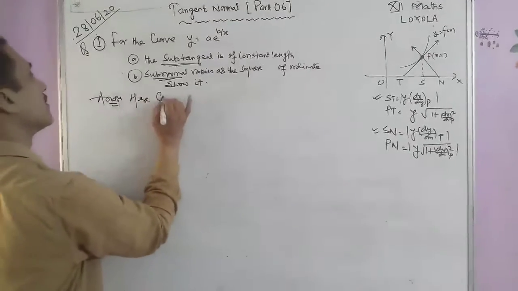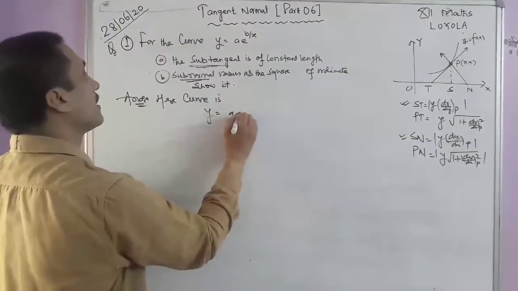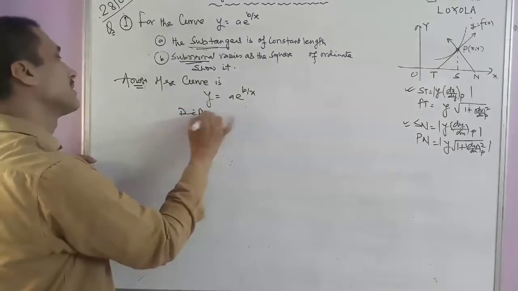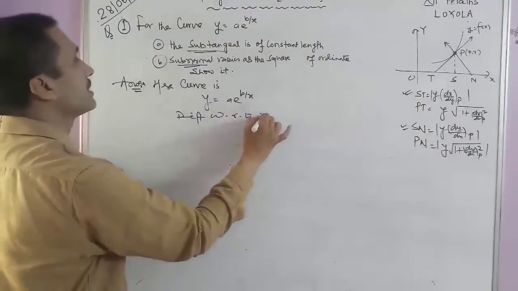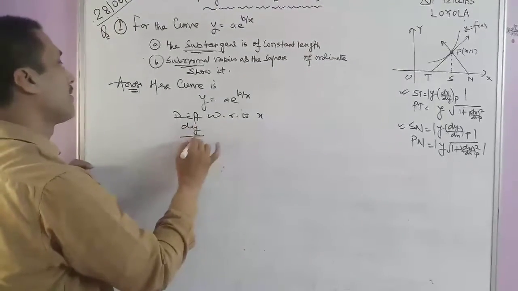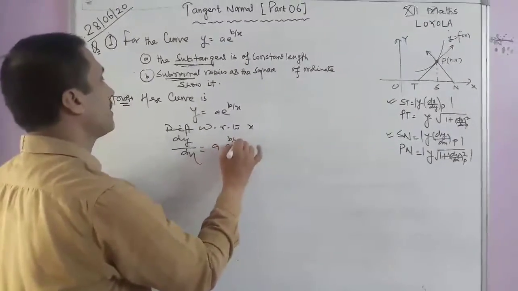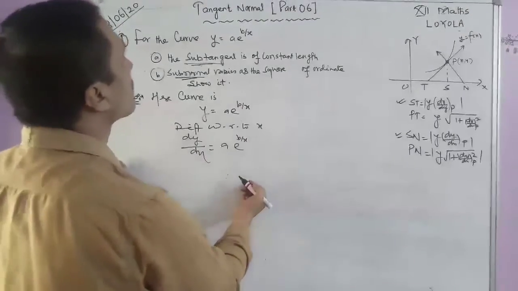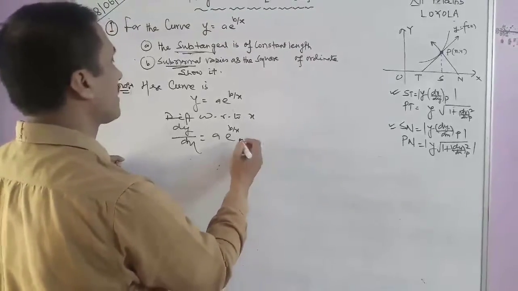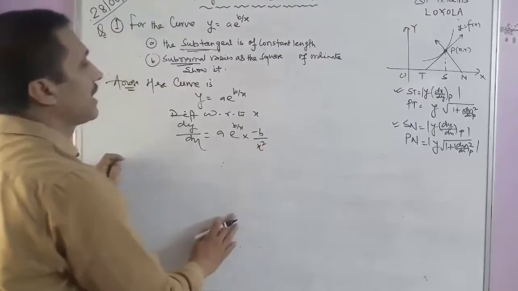The curve is y equals a e to the power b by x. First, differentiating with respect to x, dy by dx equals a e to the power b by x, again b by x, minus b by x square.